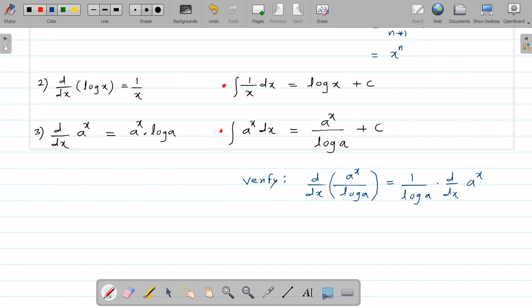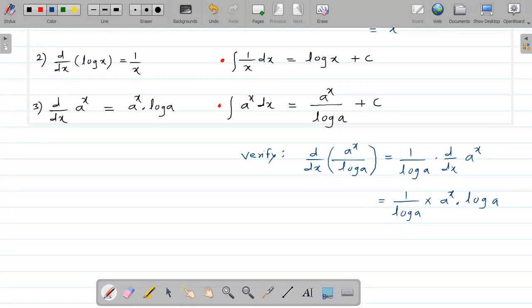If you keep that here, then you will get 1 upon log a into the derivative of a raised to x, which is a raised to x into log a, and hence log a and log a will get cancelled and you will just get a raised to x. So the derivative of a raised to x upon log a is equal to a raised to x. That's why you can say that the integration of a raised to x dx is equal to a raised to x upon log a plus constant.